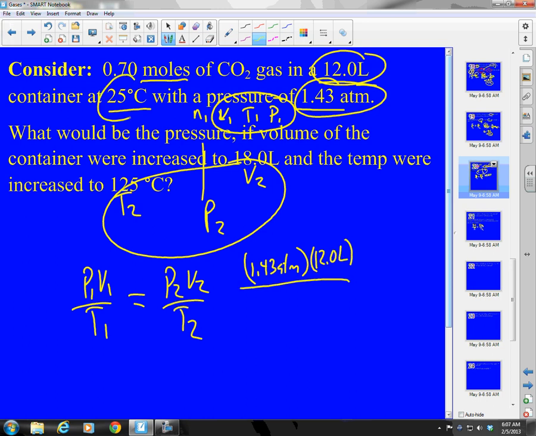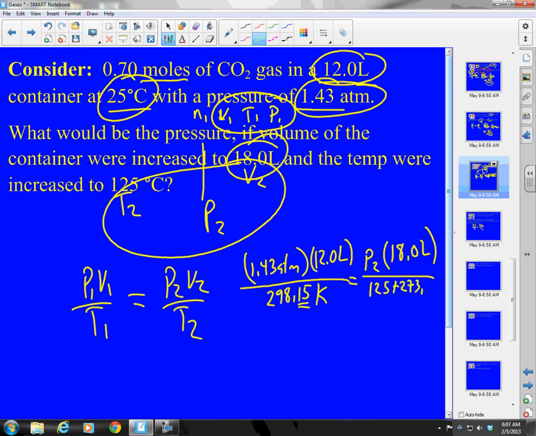T1 is 25 plus 273.15, so that's 298.15 K. P2 is what I'm seeking, times V2, which is 18.0 liters. And T2 is 125 Celsius plus 273.15 to give me K.